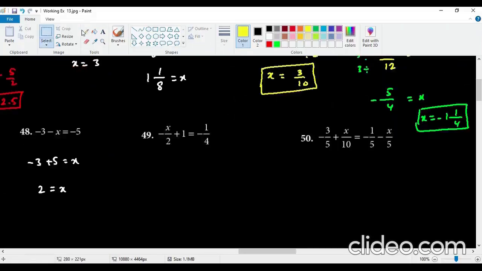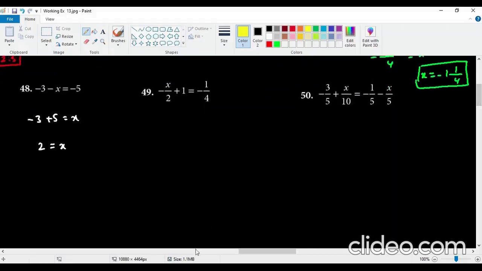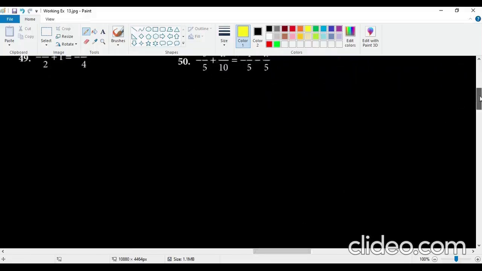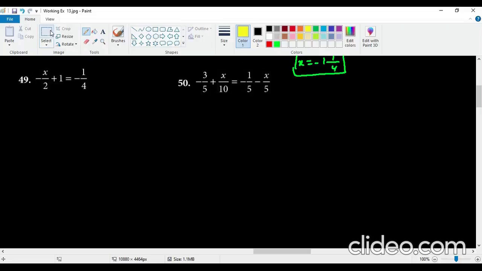Question number 49 is a bit tricky and different from the other questions, so I have made it simple for you to understand. Now, here is one part which is saying the variable, and the other one is the numbers only. So what I have done is 1 plus 1 over 4 equals x over 2. So this negative 1 over 4 is going to go on the other side and becomes a positive 1 over 4.